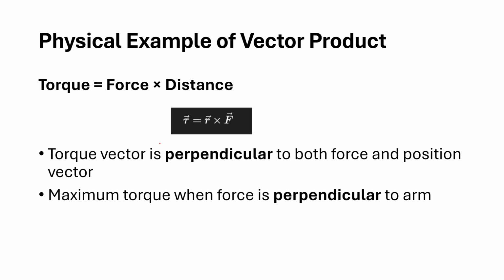Here we have a physical example of the vector product, that is the torque, force multiplied by distance. We have a cross, so it's a cross product, and the result should also have a direction. This is the equation for the torque.